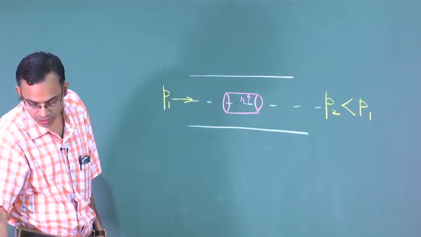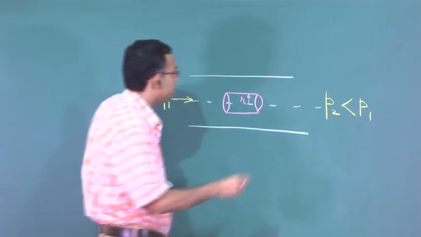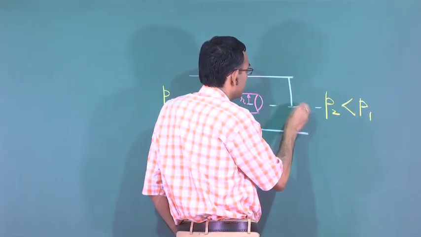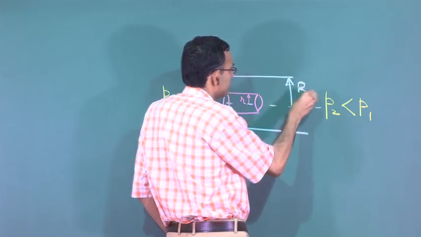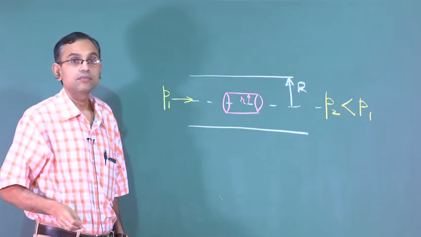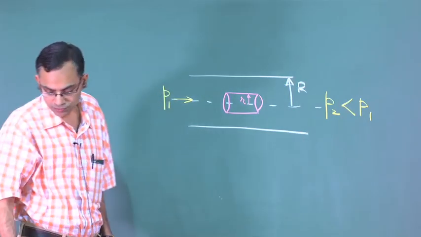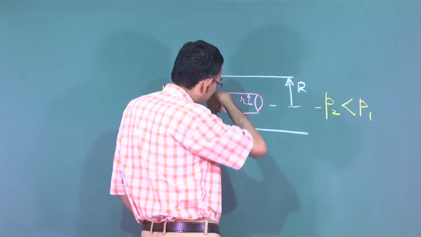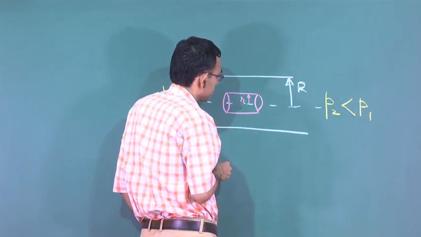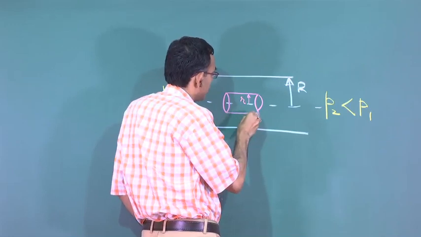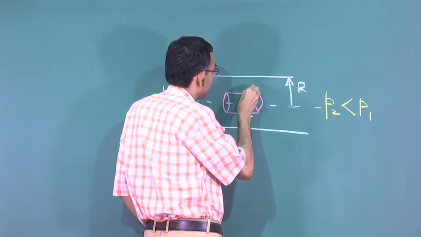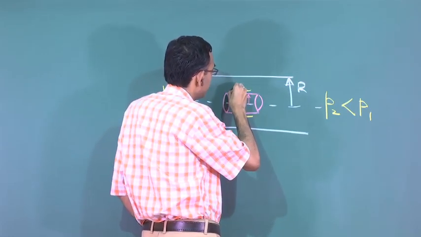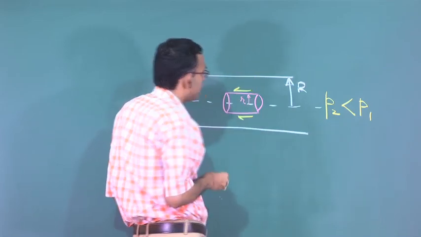The radius of the pipe or the channel is capital R. So, now let us identify various forces. The first force that we can identify is the shear force.